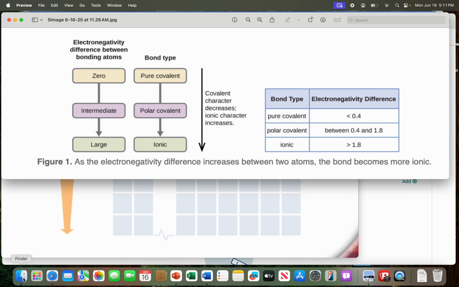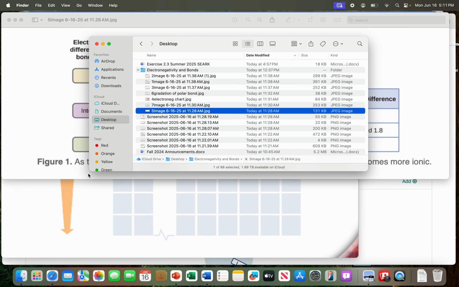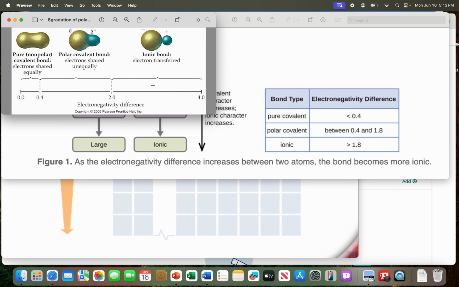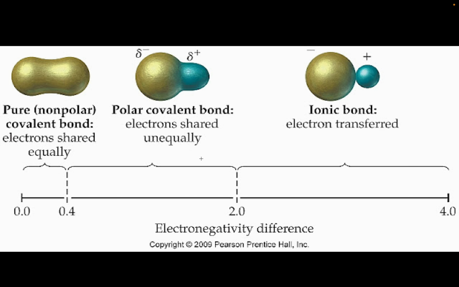So, in strictest terms, if the difference in electronegativity between two atoms is 0.4 or less, it is considered a nonpolar, pure covalent bond. If it's between 0.4 or 0.5 to 1.5, 1.8 to 2, it's a polar covalent bond. And if it's greater than 2, it's an ionic bond.